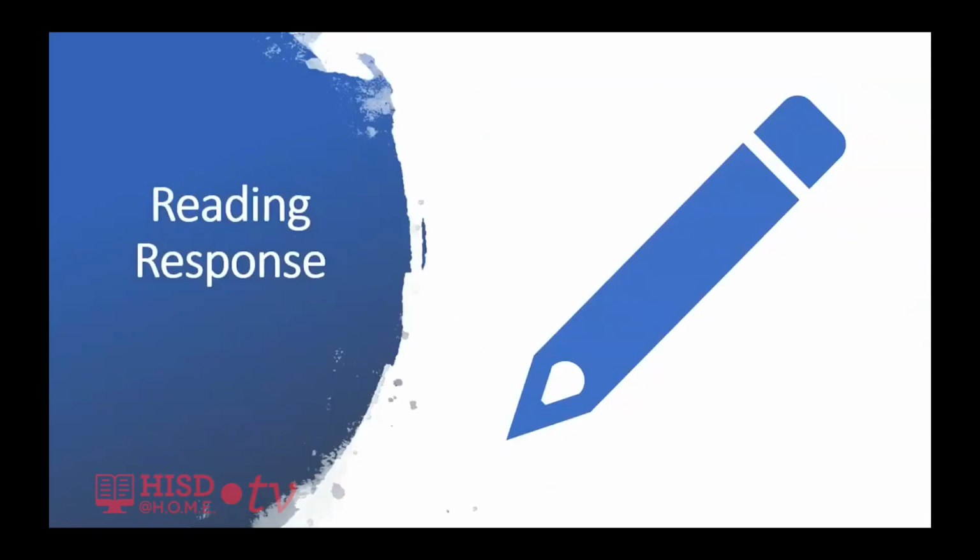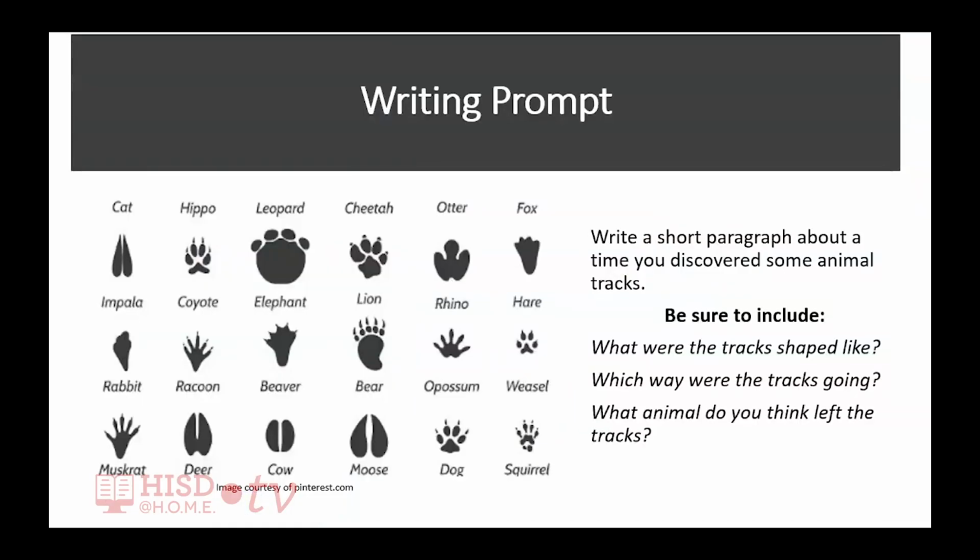Now, let's complete a reading response activity. As we read this book about animal feet, we learned about all different types of animals and things that made their feet unique. Today we're going to talk about some different animals.